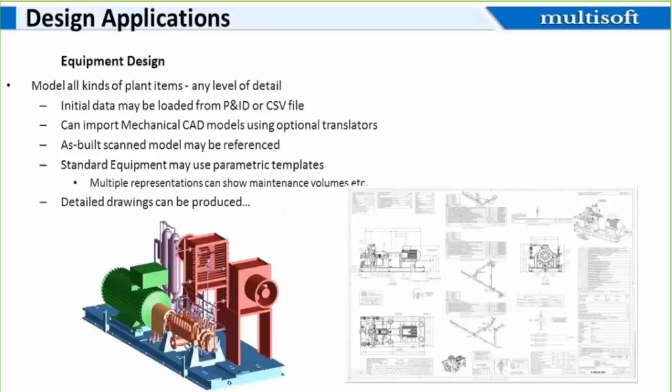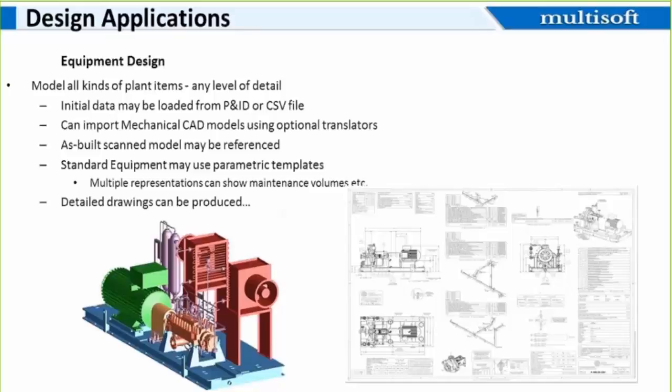Standard equipments are basically predefined equipments with parametric dimensions. That is, parametric dimensions as in user definable dimensions. And a user can choose a physically matching equipment and can change the dimensions accordingly, thus again saving the time of modeling and man hours.